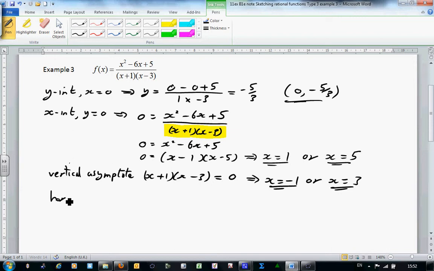I think in this case, because we're going to be dividing lots of terms, it would be useful to rewrite the denominator in an expanded form. So x times x is x squared. We have minus 3x plus 1x, which is minus 2x, and then plus 1 times minus 3 is minus 3. The reason for doing that is because we are now going to divide all the terms by x squared.